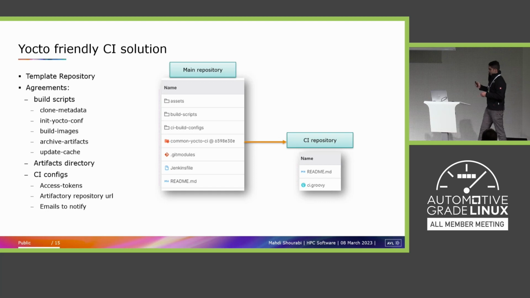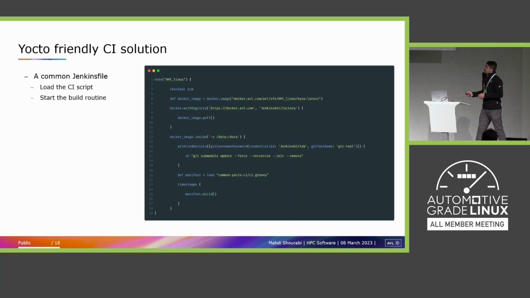If we continue, in the Jenkinsfile we can go inside the container as before, then load the complementary submodule that has the CI repository, and simply load the complementary CI code and run a method inside it.